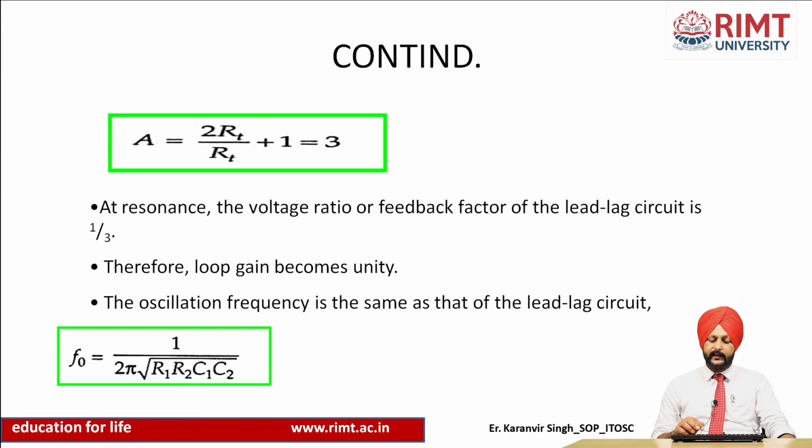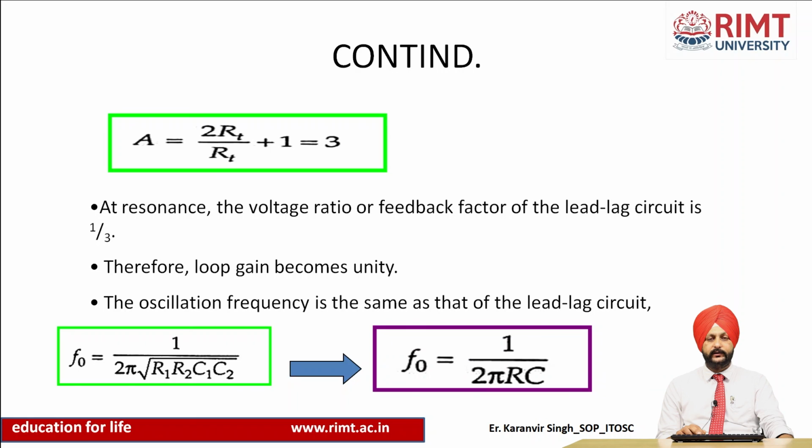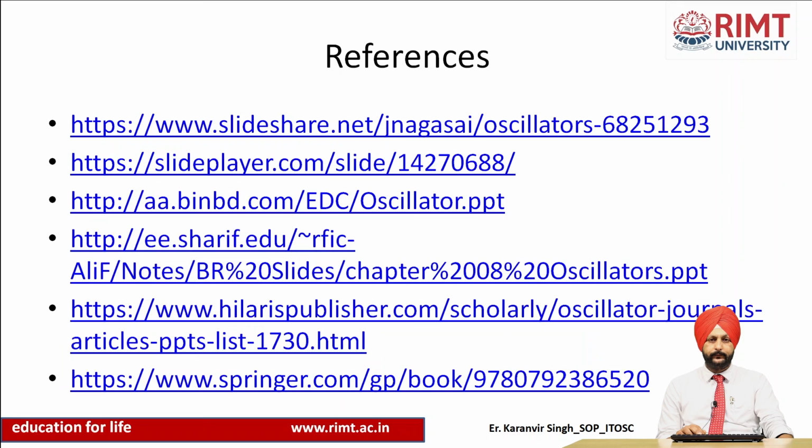If we consider R1 and R2 equal to R and C1 and C2 equal to C, then we obtain the frequency of oscillation equal to 1 divided by 2πRC.